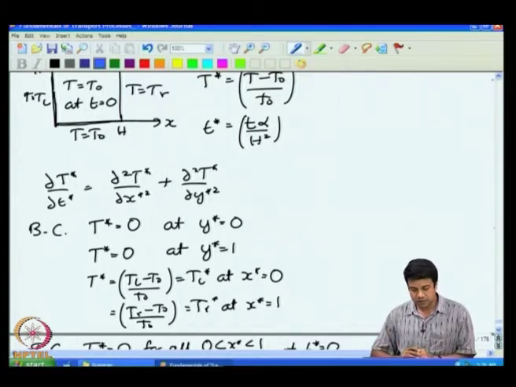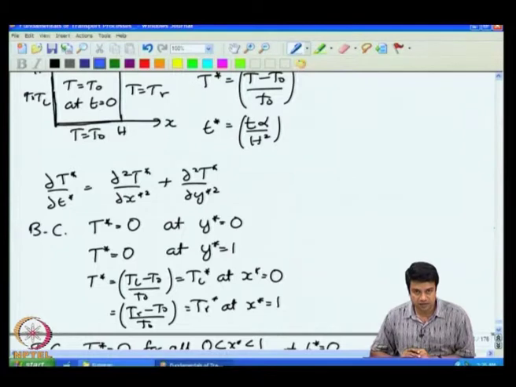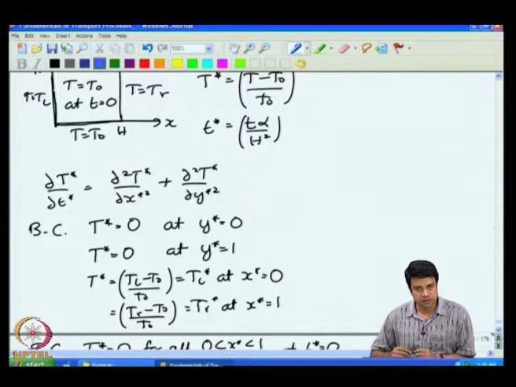Coming back to the boundary conditions here, you can see that the boundary conditions are homogeneous in the y direction. T star is equal to 0 at y equal to 0 and T star is equal to 0 at y equal to 1. This is the homogeneous direction.